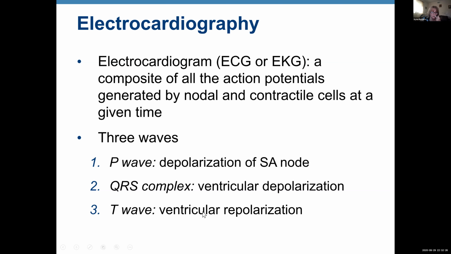So we have two parts of the graph that describe electrical events happening in the ventricles, right? QRS and T are both about ventricles. P wave is about the SA node that is in the atria, right?